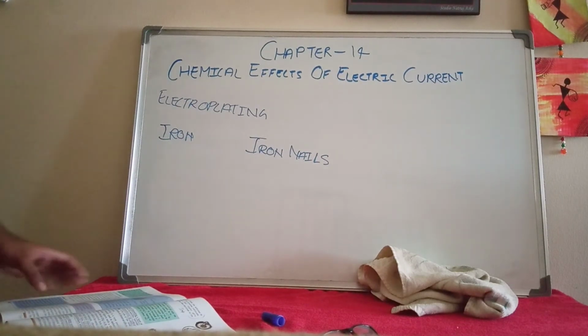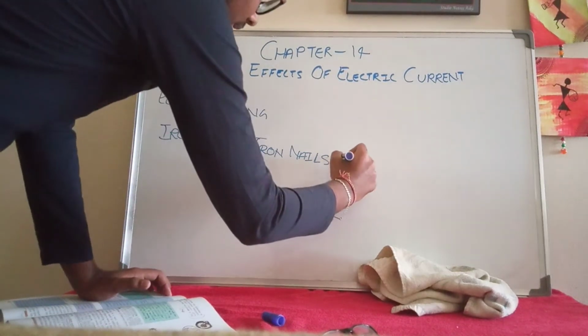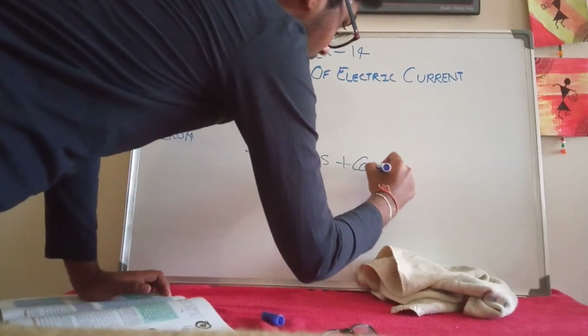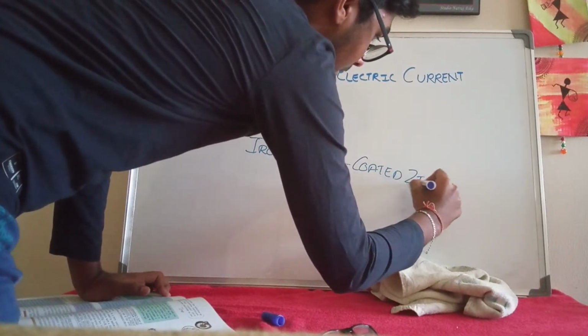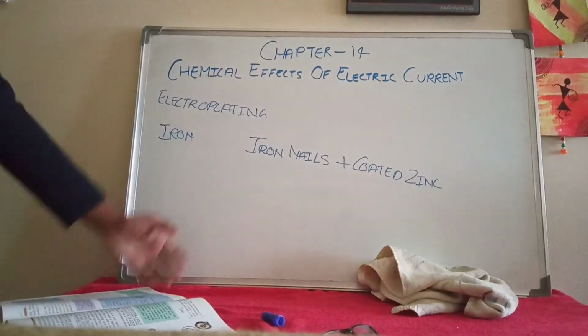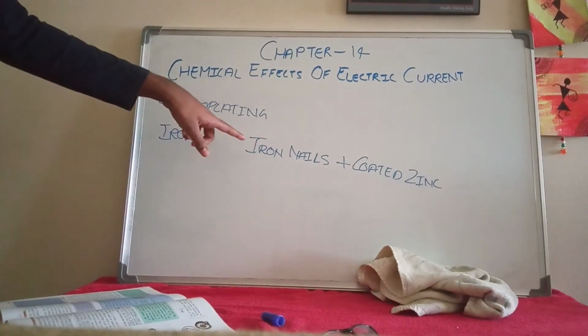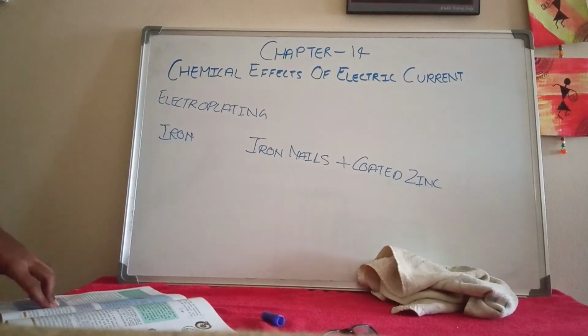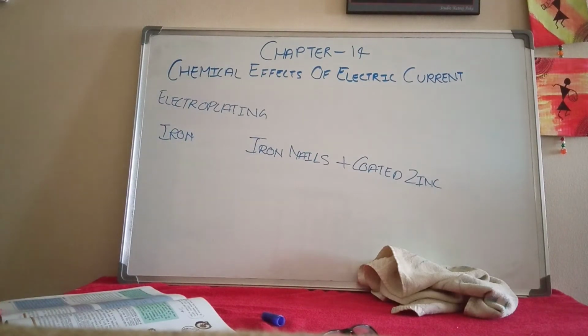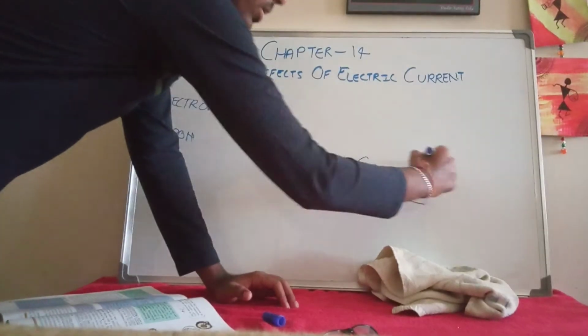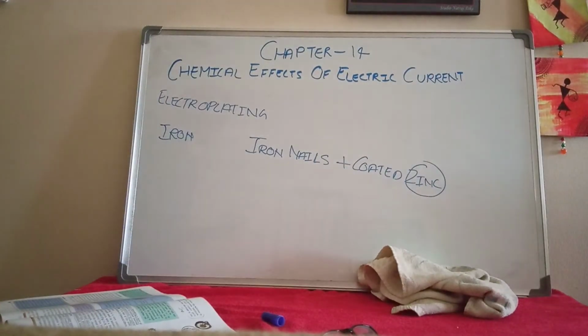But when they are galvanized, that means they're coated with zinc, they become galvanized iron nails. And this is how iron nails don't rust, because zinc is non-corrosive. It does not corrode and does not rust.